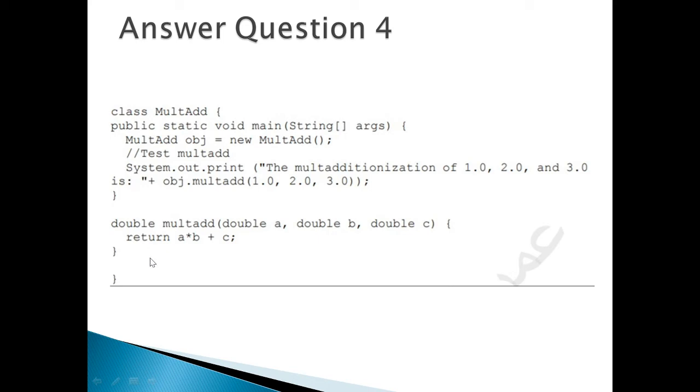Because it's a return type method, you need to print it inside the main method. So do your system.print, create the message, and then plus the value. For the value, make your method call by using obj.multl and put all the arguments inside it.